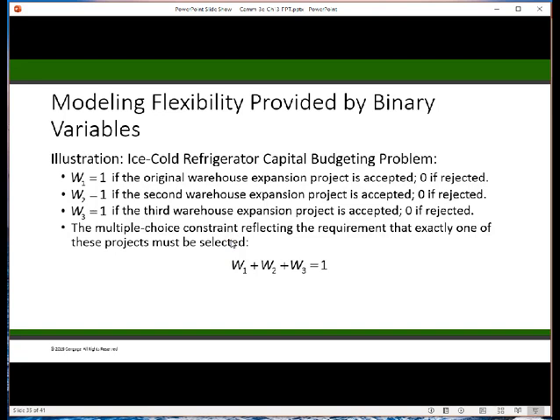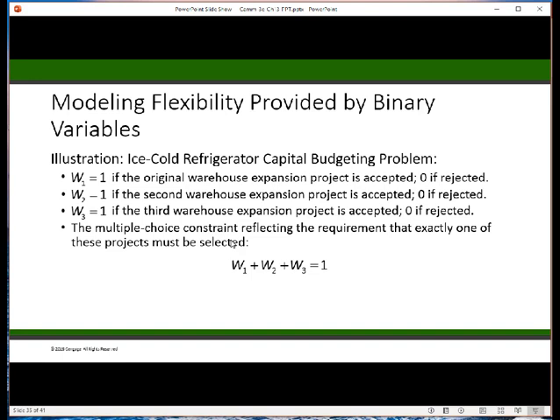So if you'll think back to our ice-cold refrigerator example, we had the option of a warehouse expansion, and we had 3 warehouse expansions. We had the original warehouse expansion project, the second warehouse expansion project, and the third warehouse expansion project.